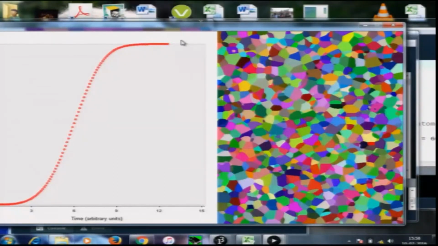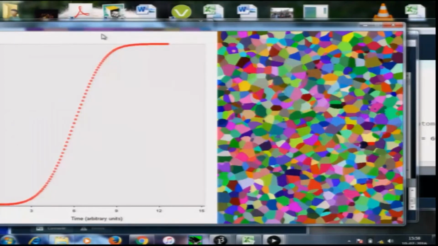In the beginning the transformation rate is small, then it starts to increase, at some point it becomes extremely high, and then it starts to reduce again towards the end of the transformation.